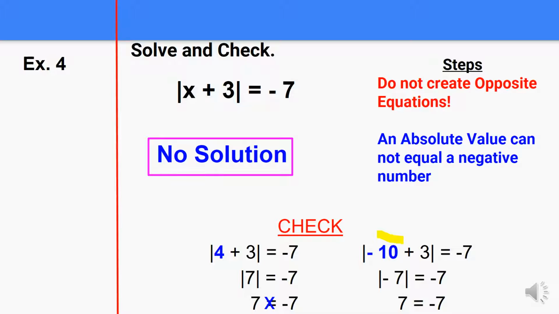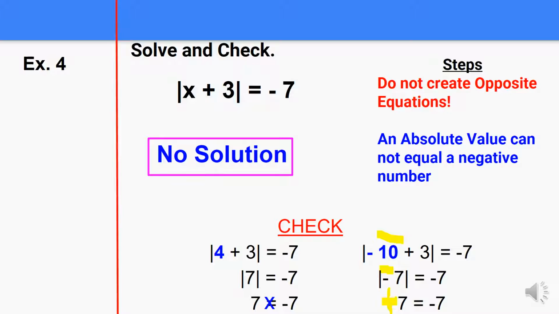Let's plug that in, add it to the 3, adding integers with different signs, subtract the numbers to keep the bigger sign. So, oh, cool, we've got a negative 7 there, but again, this is the absolute value, so it's going to come out of that absolute value sign as a positive, no matter what.